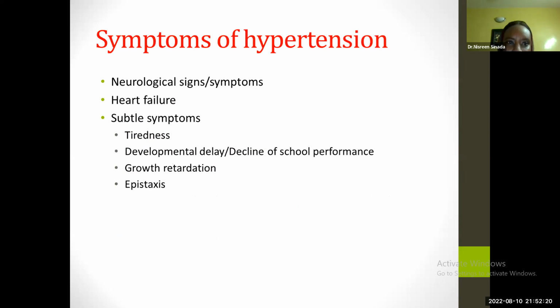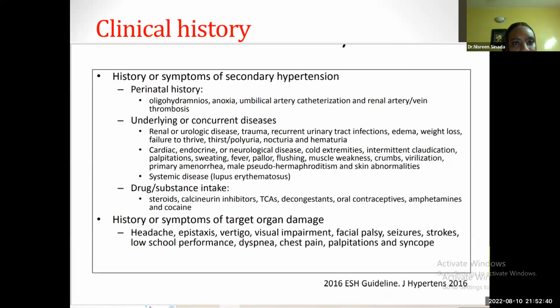Symptoms of hypertension: neurological signs and symptoms like headache, visual disturbance or vertigo. They can present with heart failure. They can present with subtle symptoms like tiredness, developmental delay, decline in school performance, growth retardation, or epistaxis. Clinical history, so you should go to the history of secondary hypertension.